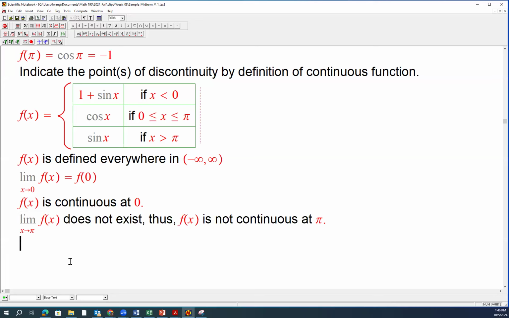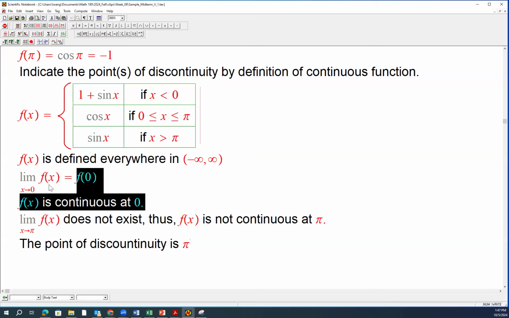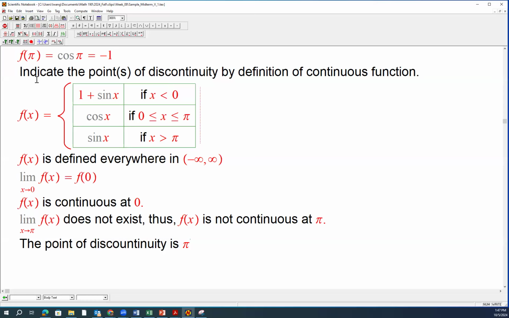So the point of discontinuity is pi. Do we have to answer this part? We actually don't need to, because this question is asking us to indicate the point of discontinuity, and that's the only point of discontinuity.